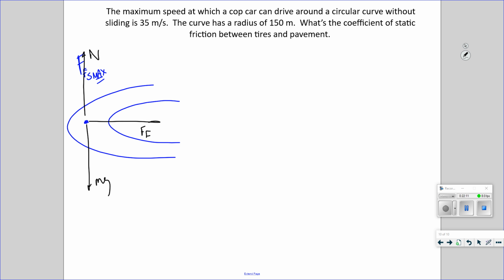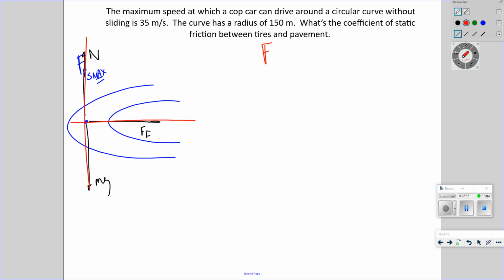There are 2 dimensions we're concerned with. The one question we always raise when doing dynamics problems is, what axes should I be dealing with? One axis has to be the direction that an object accelerates, and this object accelerates towards the center, so our axes are the centripetal and then perpendicular to that. Oh, good. Those are directions that our forces already point in.